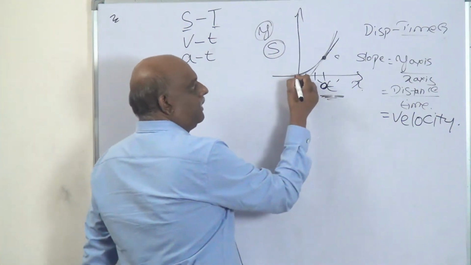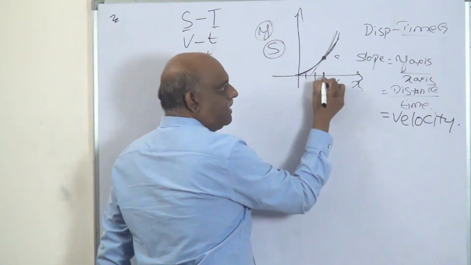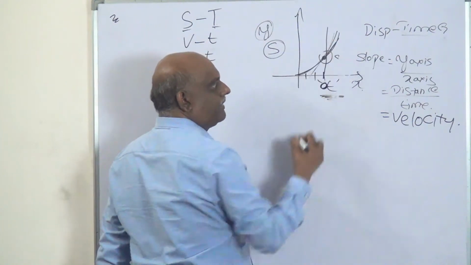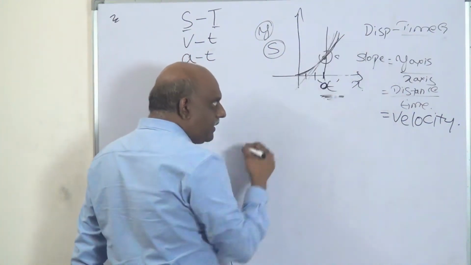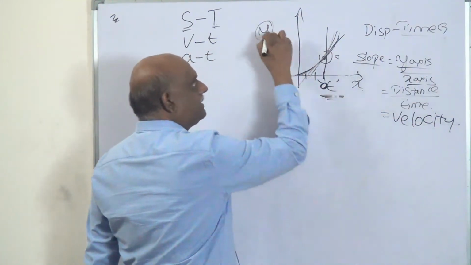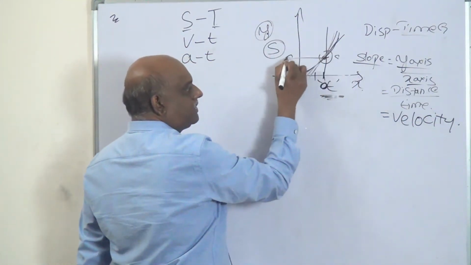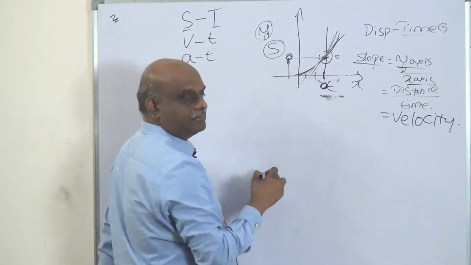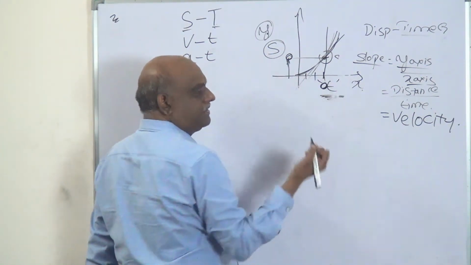Very simple. If you take this graph, third second corresponds to this point. At this point, you take the slope. And the slope is y-axis by x-axis. On the y-axis, how much it traveled?